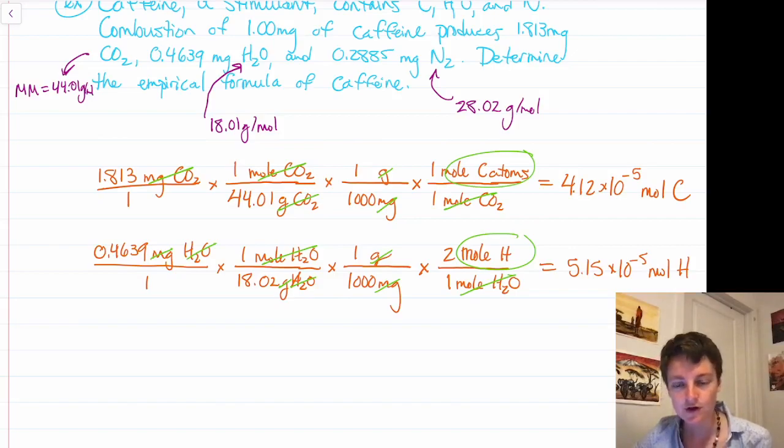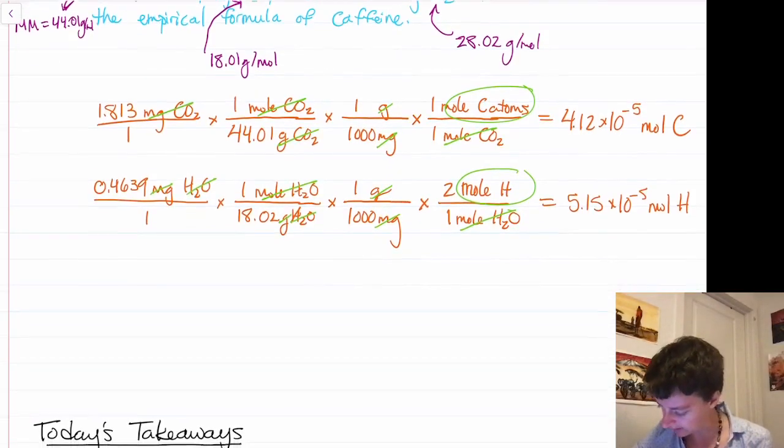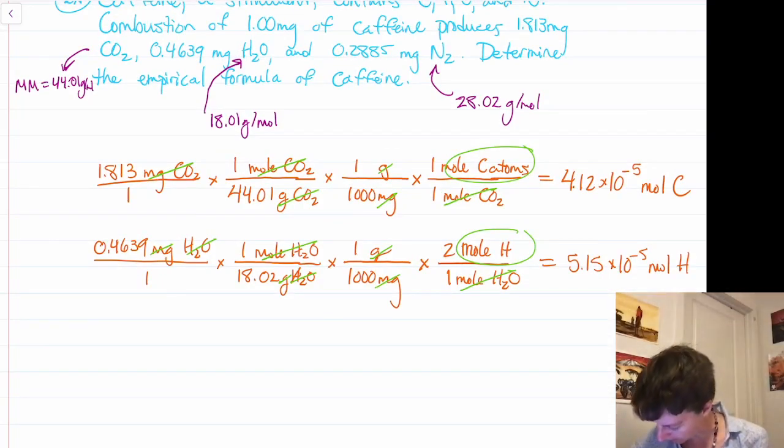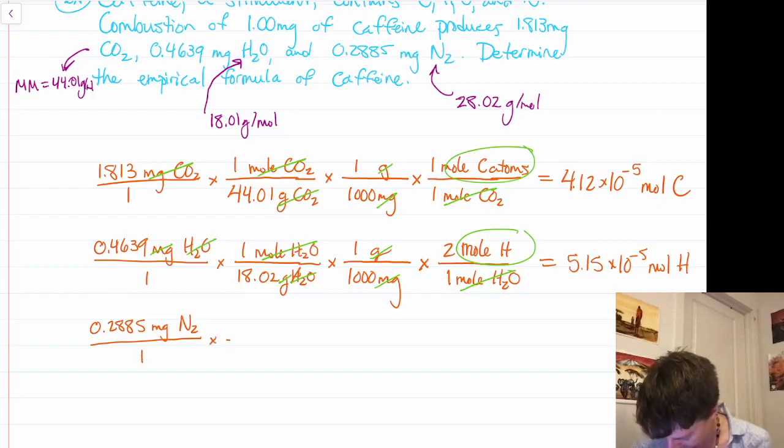Okay, so how we want to handle the nitrogen is in the exact same way that we handle carbon dioxide and water. We know that the products of our combustion analysis were 0.2885 milligrams of N2. I'm going to use my molecular mass to convert from grams to moles.